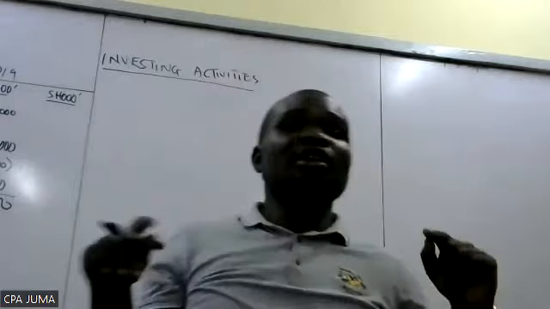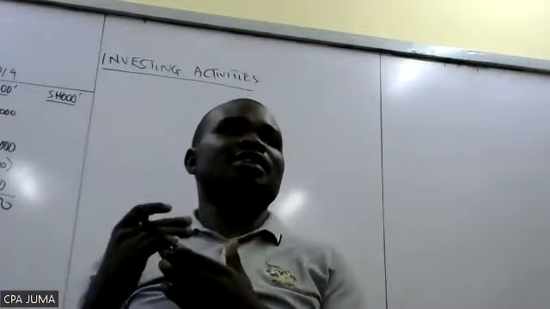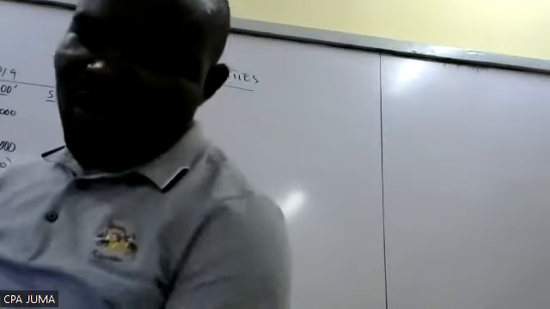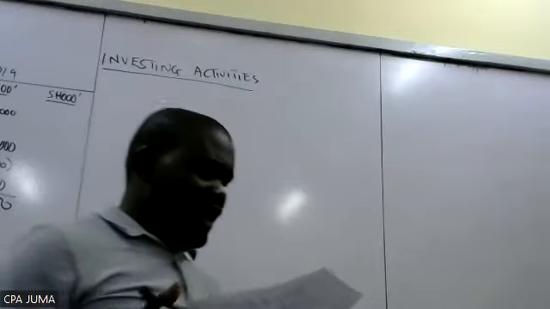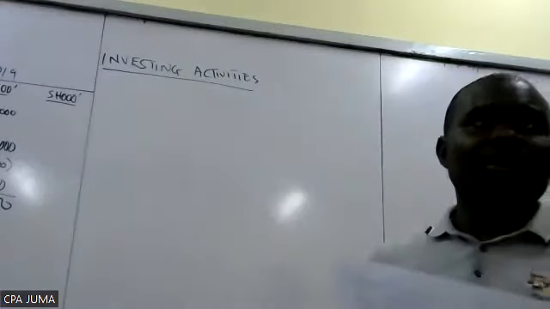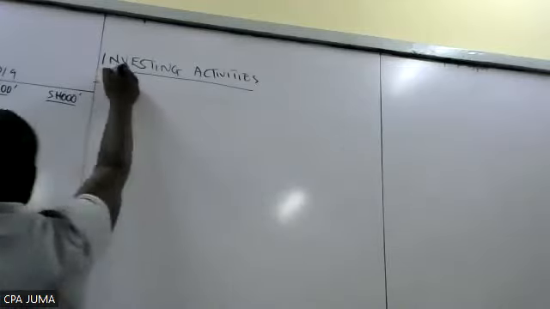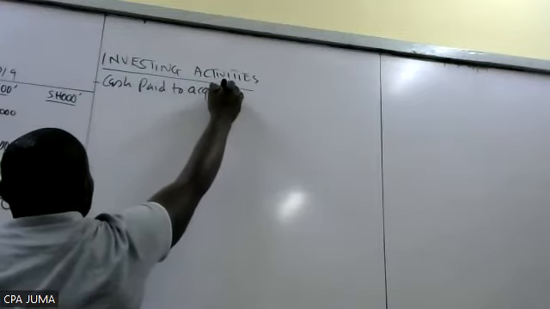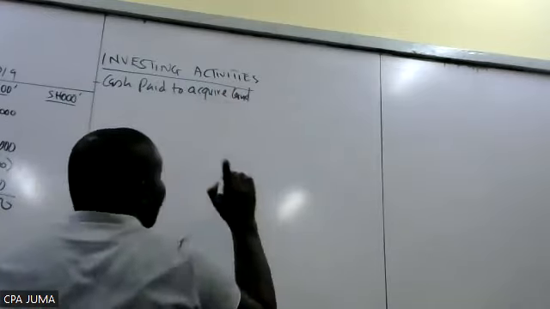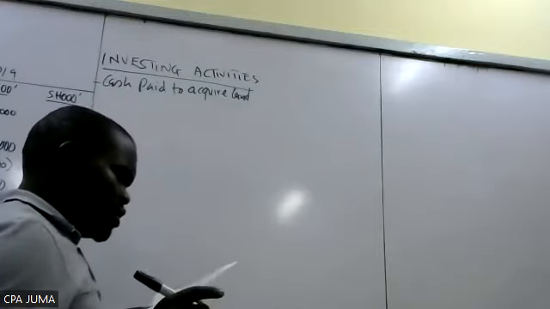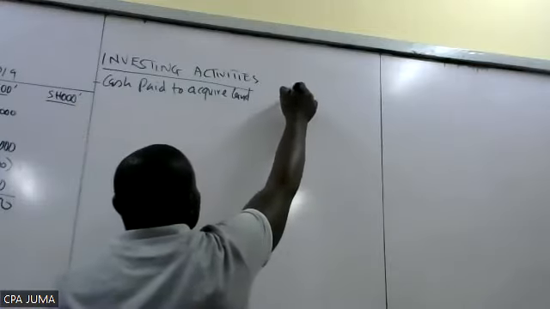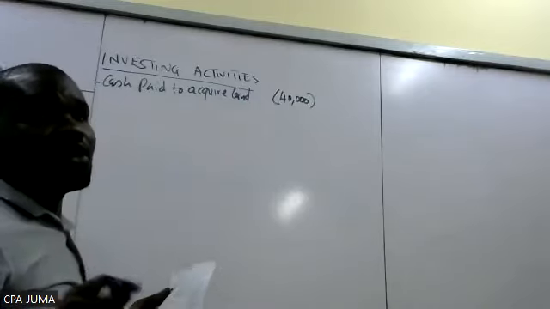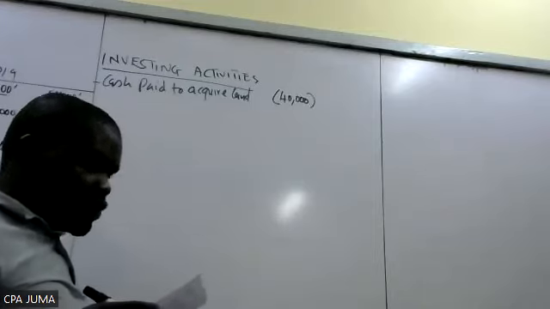Listen. Investing, you go to non-current assets, you check acquisitions and disposals. So, let's catch them one by one. Your land and buildings were acquired. So, acquisition of land and buildings, cash paid to acquire land. How much? 40. Cash out. But we did not sell land. Motor vehicle was sold.